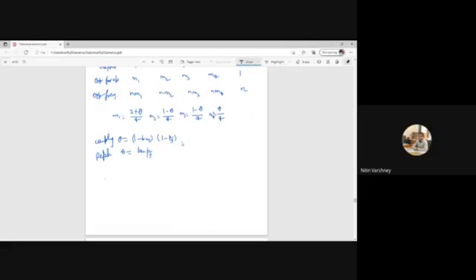Now again we will see what our likelihood is. This will be n factorial upon a1 factorial, a2 factorial, a3 factorial, a4 factorial, and here 2 plus theta by 4 to the power a1, 1 minus theta by 4 to the power a2, 1 minus theta by 4 to the power a3, and theta by 4 to the power a4.